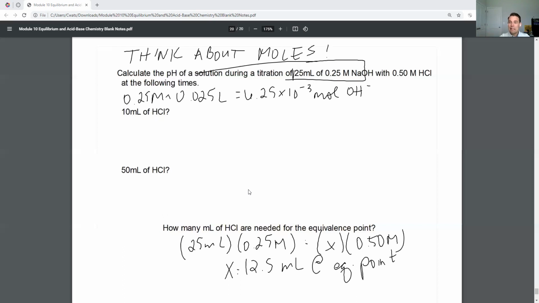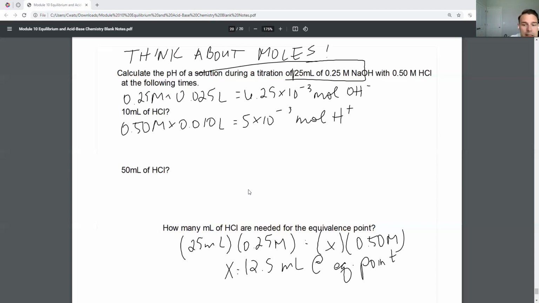I'm adding acid to neutralize it. So let's see how many moles of acid we add. At 0.50 molar times 0.010 liters gives me 5 times 10 to the negative third moles of the H plus. So what remains after I add that? What do I have left? Whatever I have left is the thing that's giving me my pH.